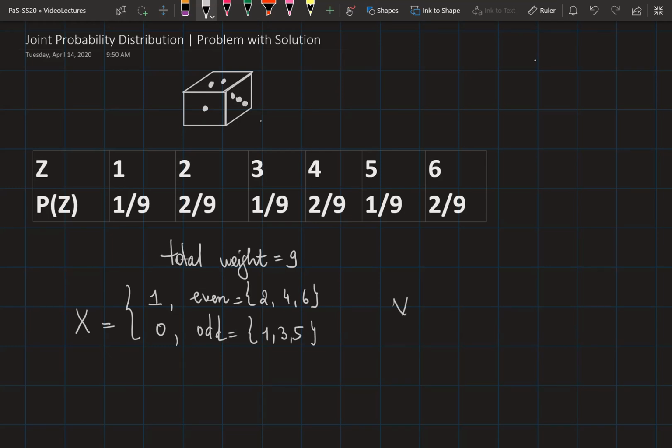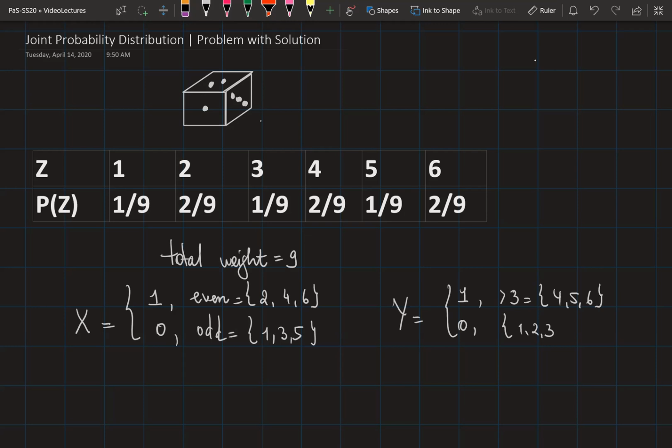And we have another variable y, which is equal to 1 if the output is strictly greater than 3, so they are 4, 5, or 6, and it's 0 if it's less than or equal to 3, so the outputs are 1, 2, and 3.